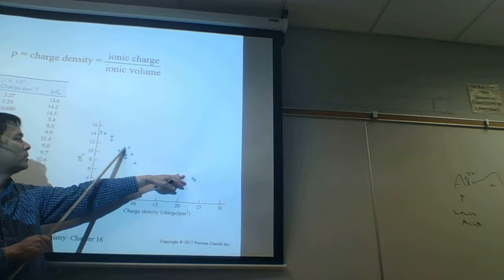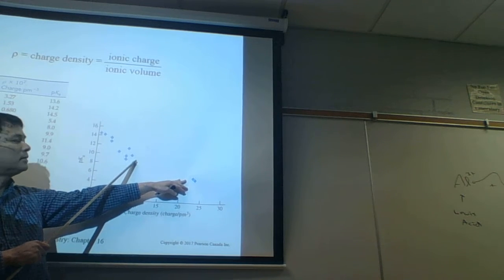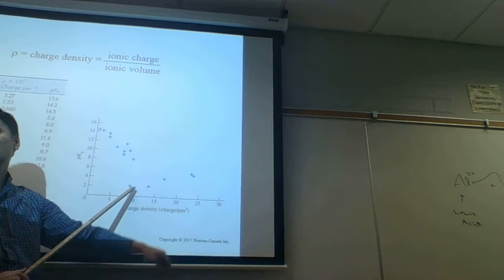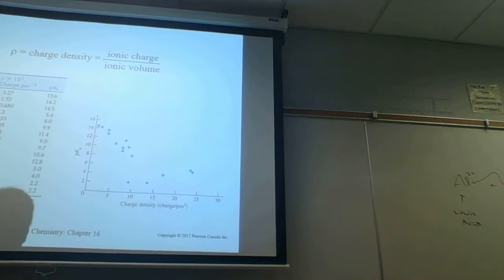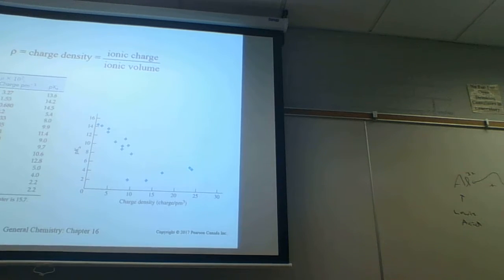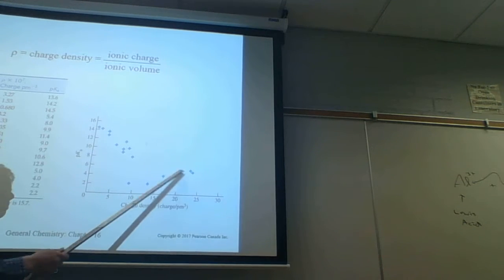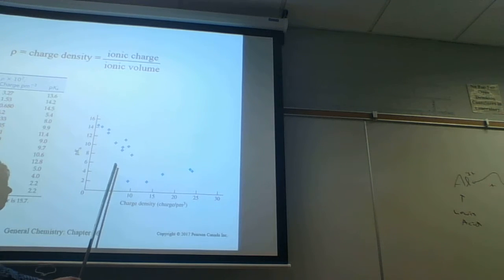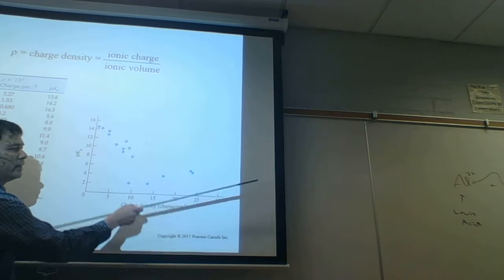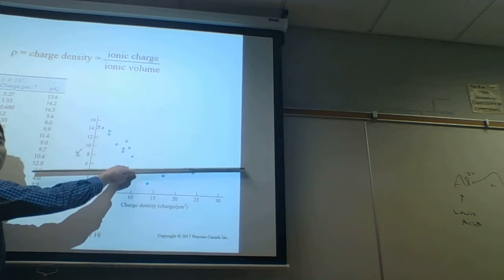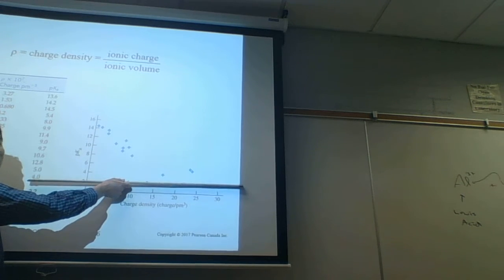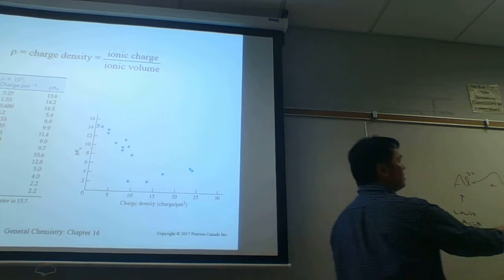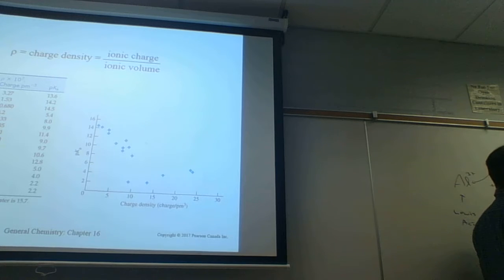So that looks like a pretty decent correlation. But then what's going on with these? So it looks as if there must be other factors involved as well. Of course, there are. And so we've got to figure out what these factors are. But what we can do is we can just generally summarize. Once the charge density hits a certain point, then these are all pretty acidic as far as cations go. And that makes sense. Obviously, the higher the charge density here, the more polar you're going to make these.